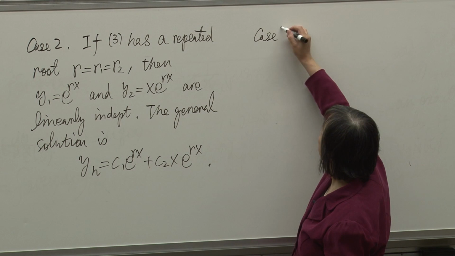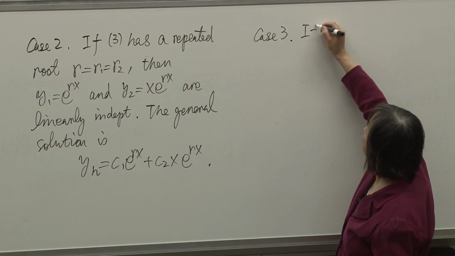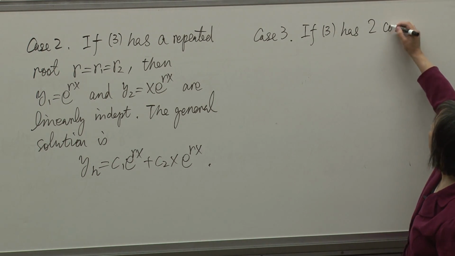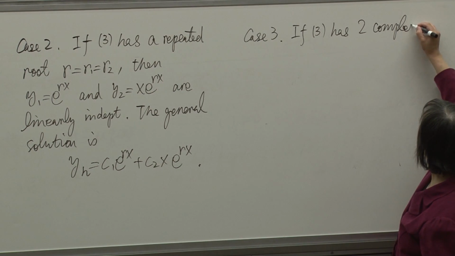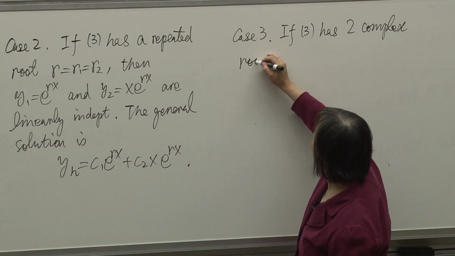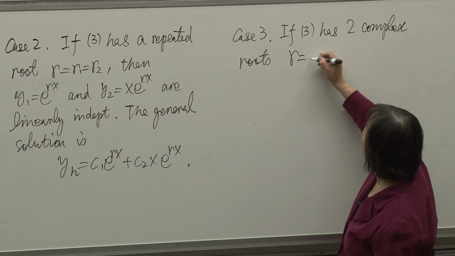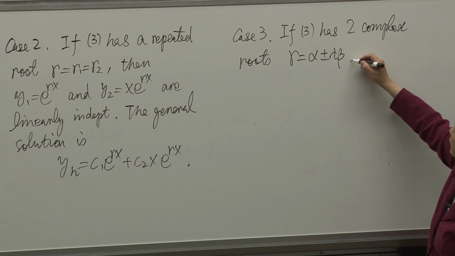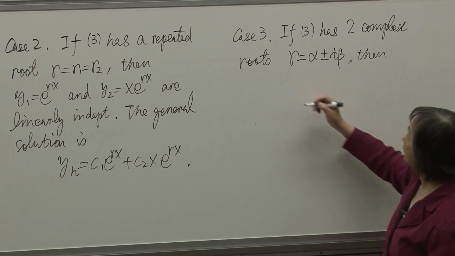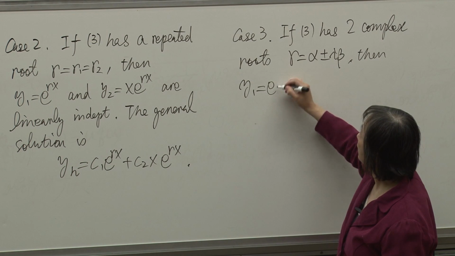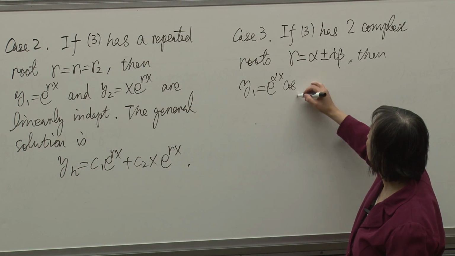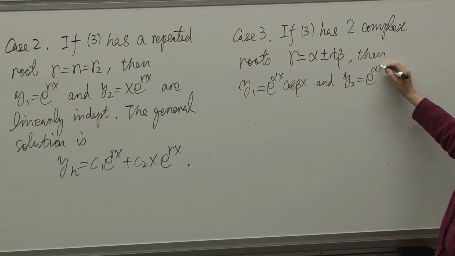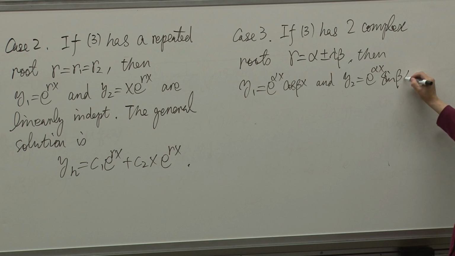For the last case, if the auxiliary equation 3 has two complex roots, denoted by alpha plus or minus i beta, then in this case, y1 equals e^(alpha x) cosine beta x and y2 equals e^(alpha x) sine of beta x.